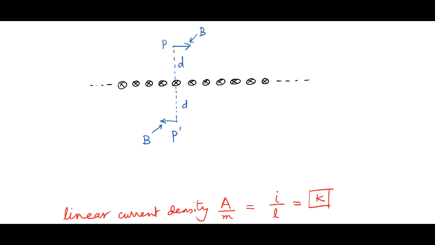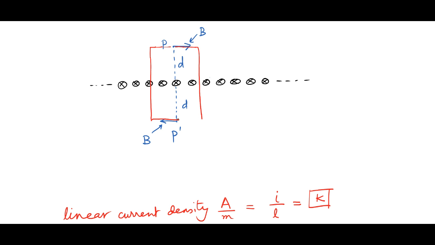Now I will exploit this particular symmetry as well as the directions of B bar to find B by Ampere's law. So what we do is to draw an Amperian loop which passes through P as well as P dash, and I'll assume that that's in the form of a rectangle like this.